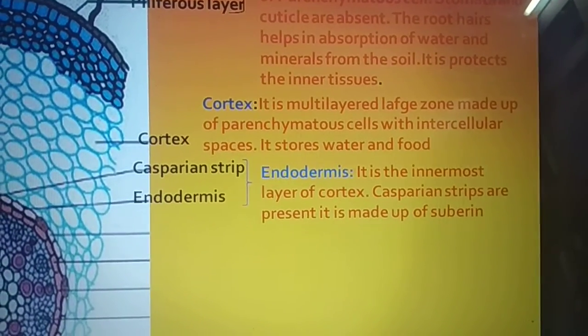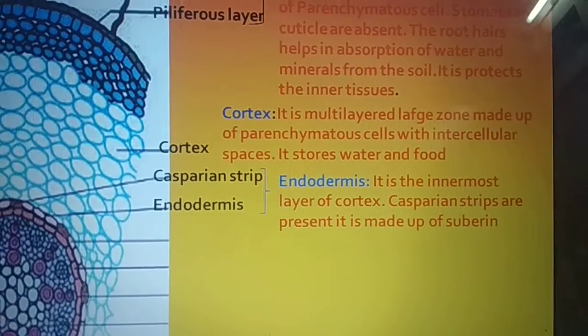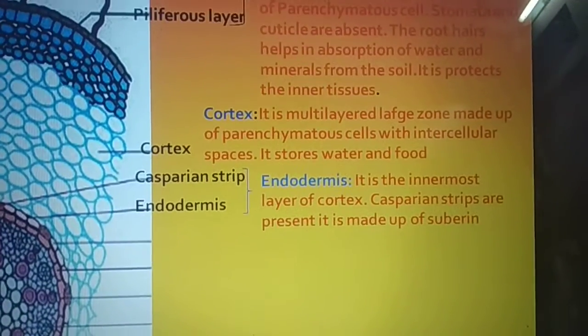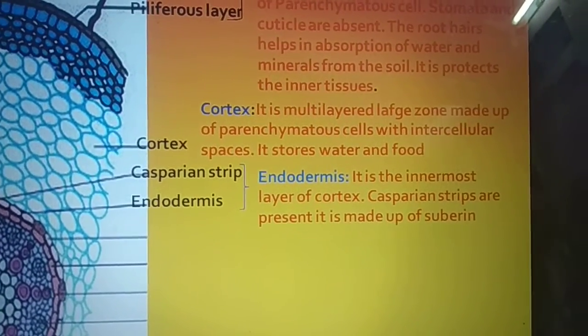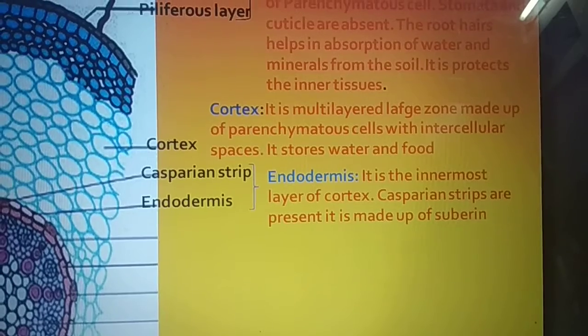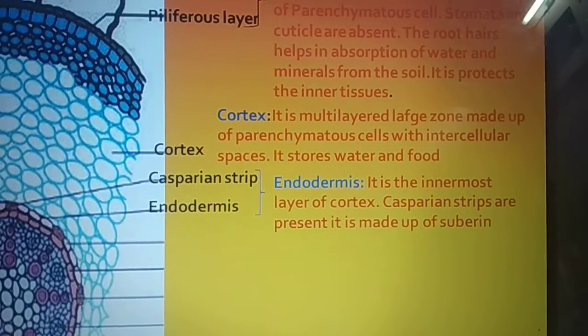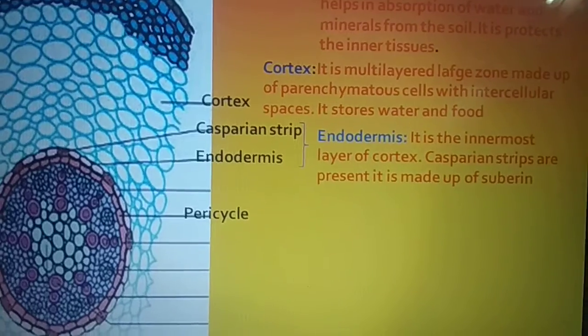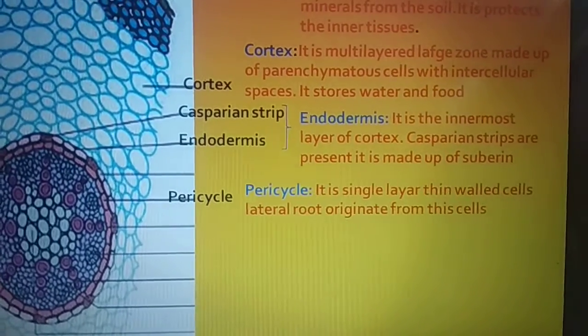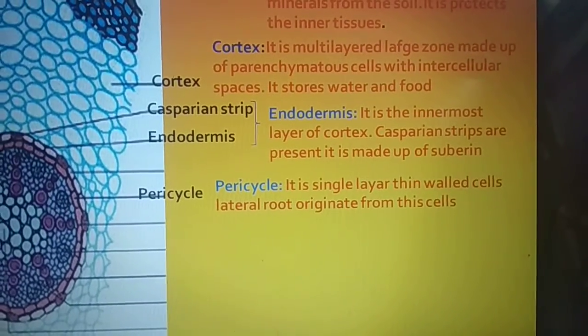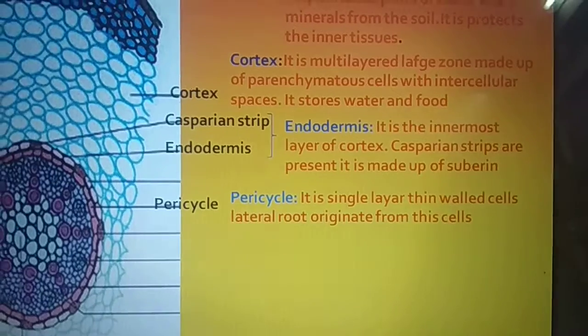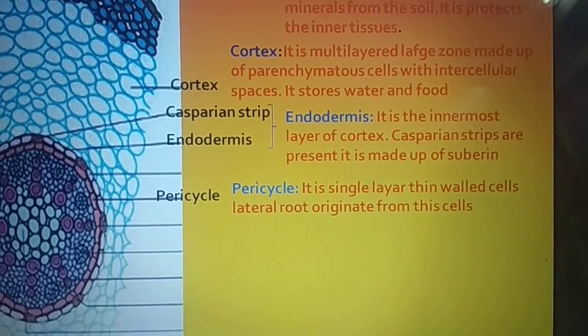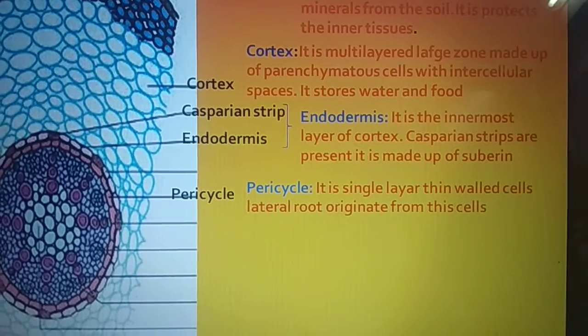One line is Casparian stripe, the next line is endodermis. It is the innermost layer of the cortex. Casparian stripe is made up of suberin. Next, pericycle. Pericycle is a single layer of thin walled cells. Lateral roots originate from these cells.